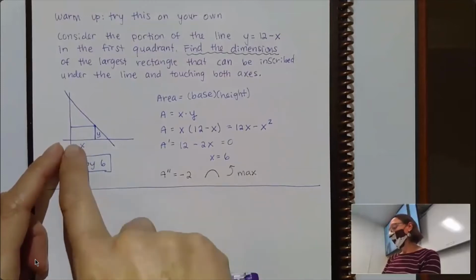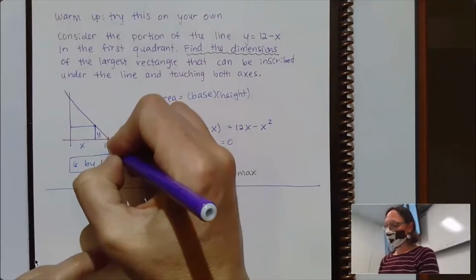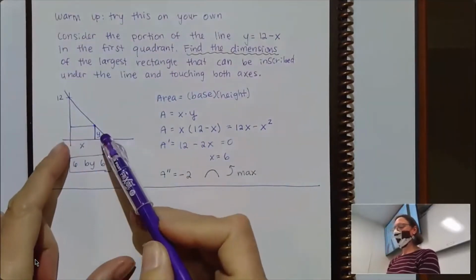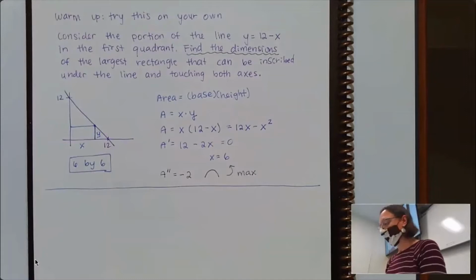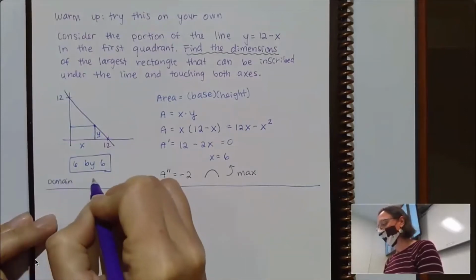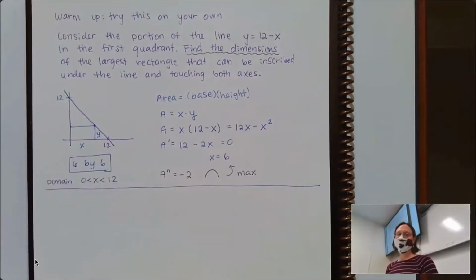And if my base goes all the way up here, I didn't label this on the graph, but that's 12 and that's 12. So if X gets all the way up to 12, then my height is 0. So in terms of the functional domain for this thing, X is constrained between 0 and 12.